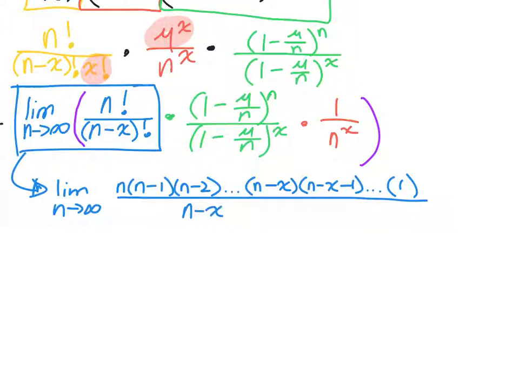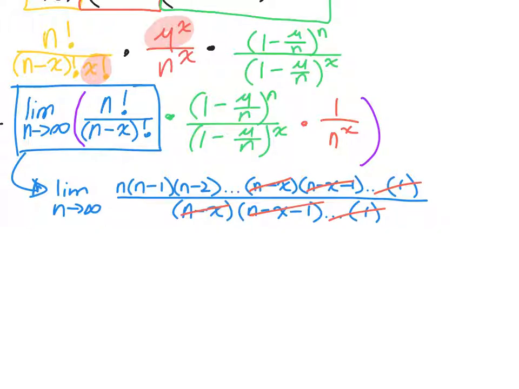But on the bottom, we're going to have an n minus x minus 1, n minus x minus 2, all the way down to 1. And all of this stuff is going to cancel. So we would just need the value that was prior to n minus x.